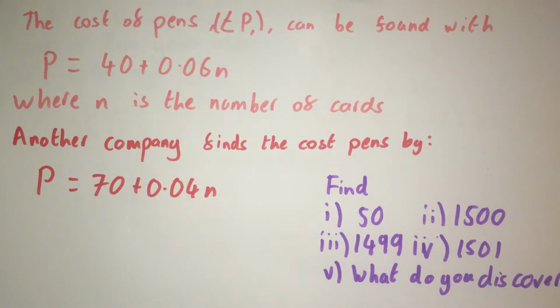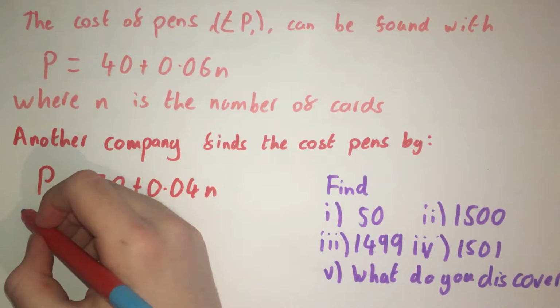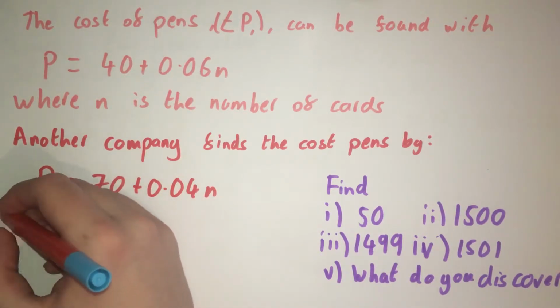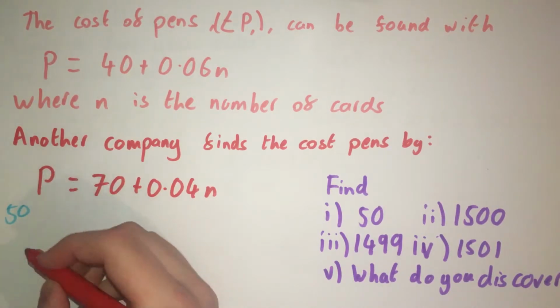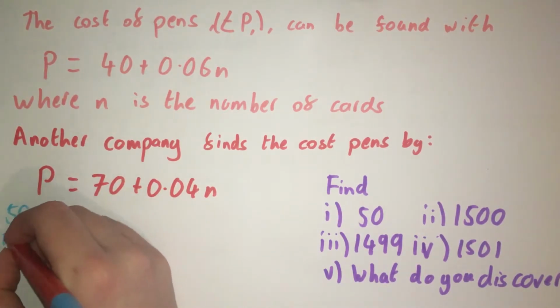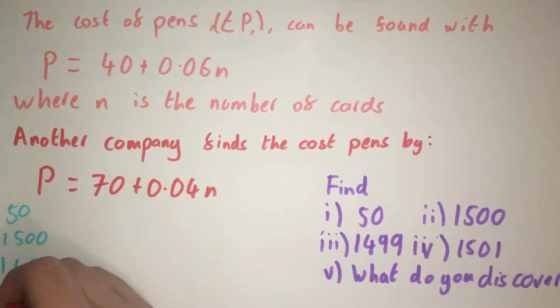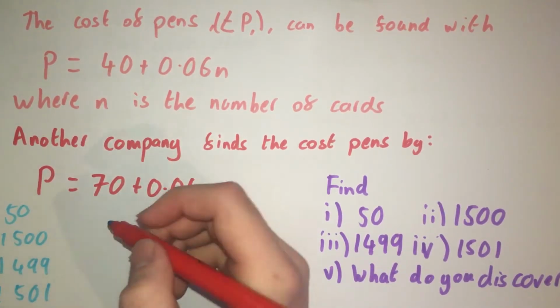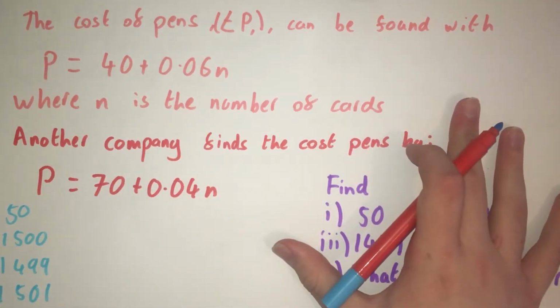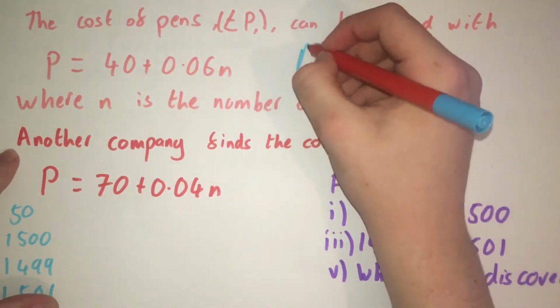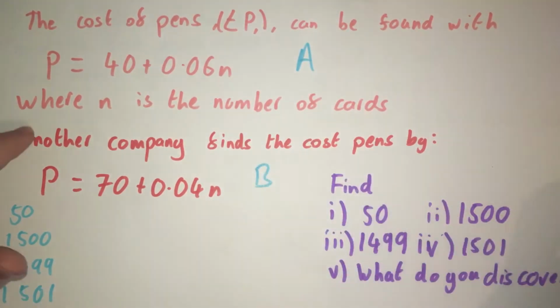Then we want to discuss what we discover. So if we just do a quick table, 50 cards, 1,000, and so on, let's label this company A, this company B.